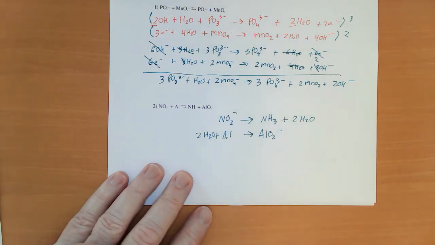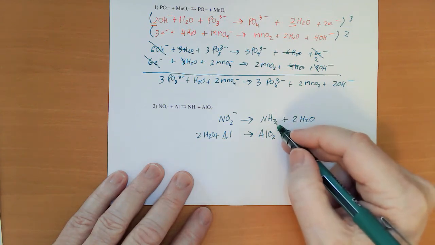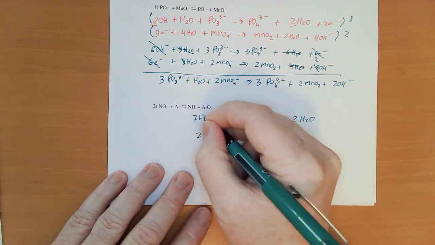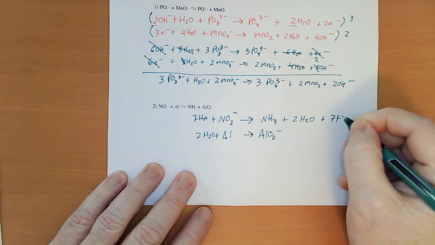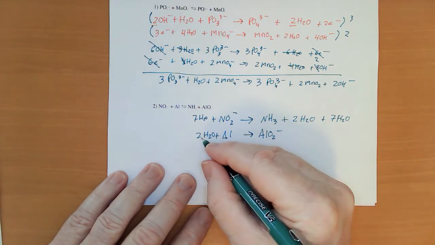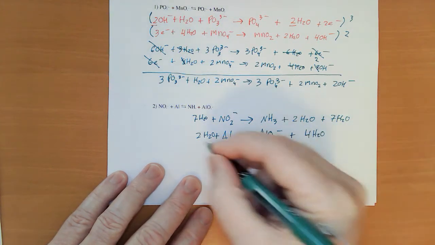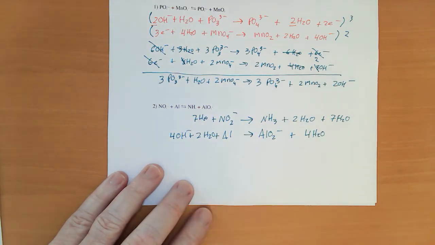Okay, hydrogens. 2 times 2 is 4, but I've got 3 more there. That makes 7. So I'm adding 7 waters and 7 hydroxides. 2 times 2 is 4 hydrogens, so I need 4 waters and 4 hydroxides.